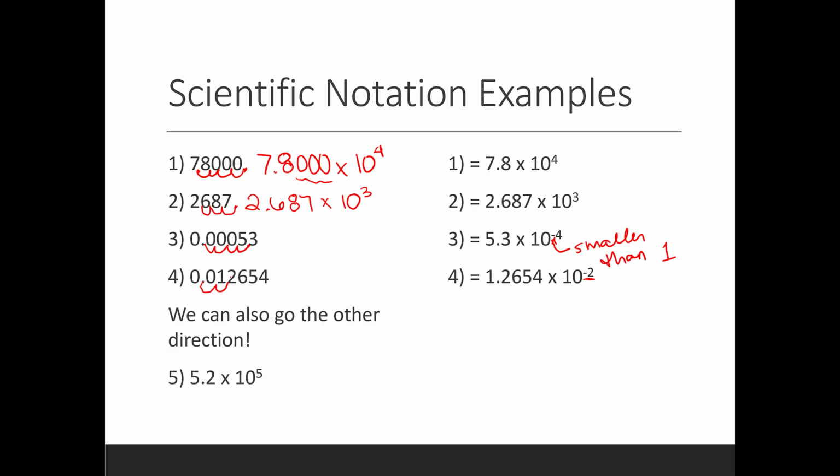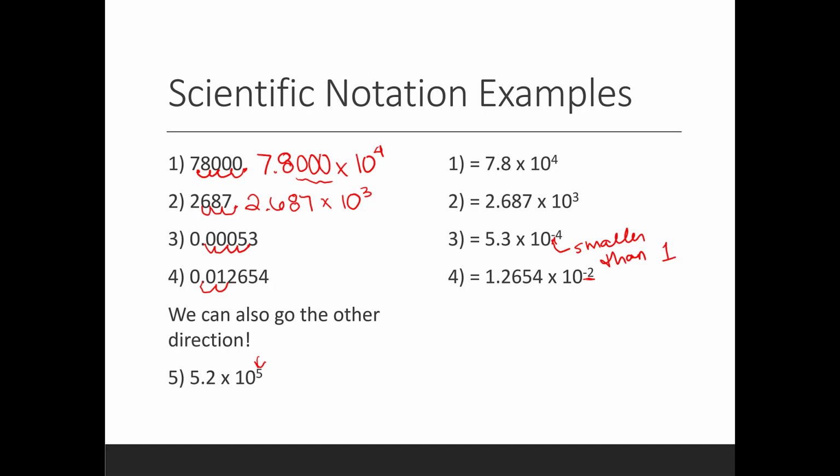What if I gave you a number that was in scientific notation? Could we go the other direction? Let's find out. This is how I recommend doing it. We know that this exponent here tells us if the number is going to be greater than or less than 1. Since this is a positive exponent, I know that the number is going to be greater than 1.